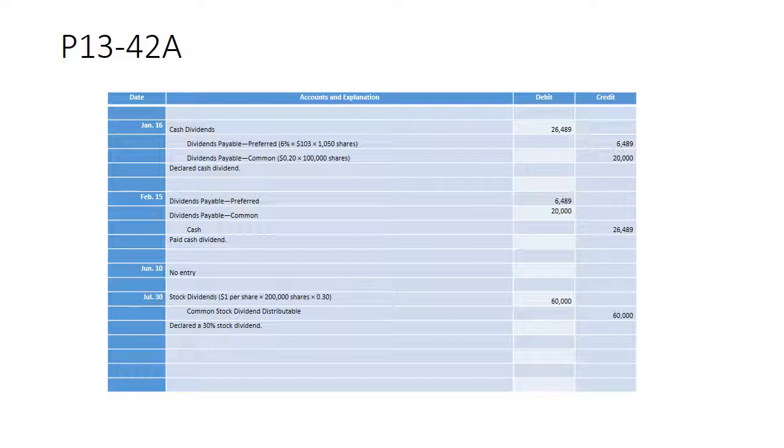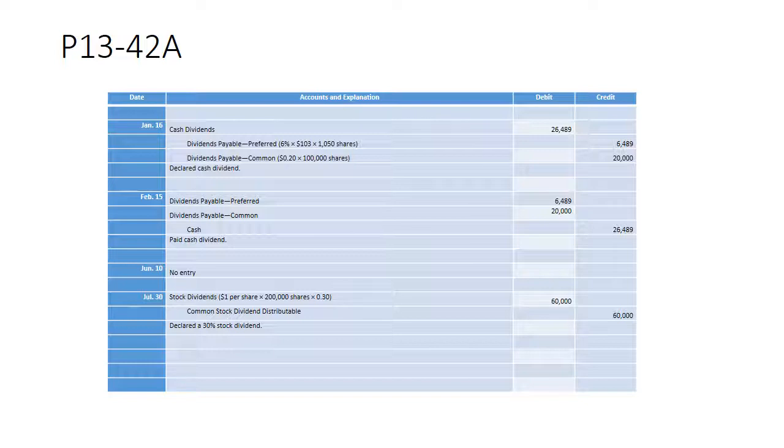On June 10th, the company announces a 2-for-1 stock split, meaning for every one share of common stock a stockholder had before, they now will have 2. The par value also is decreased by that same ratio.